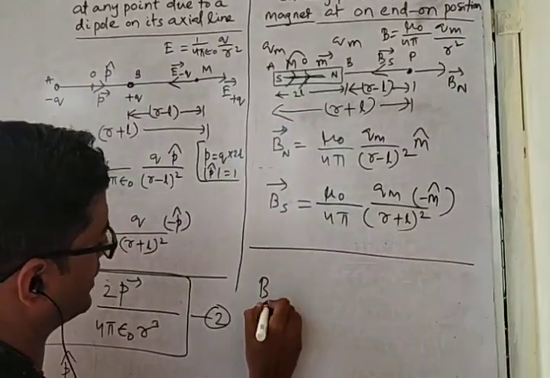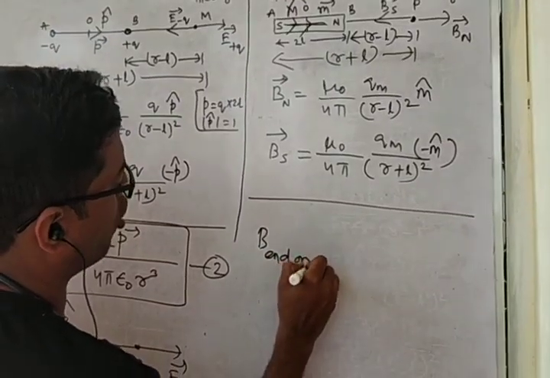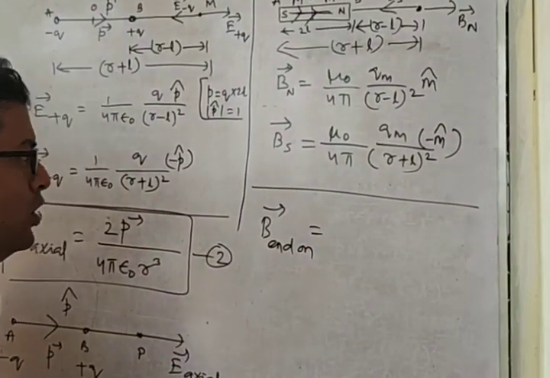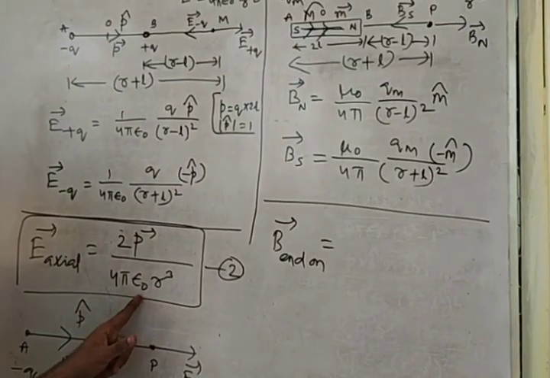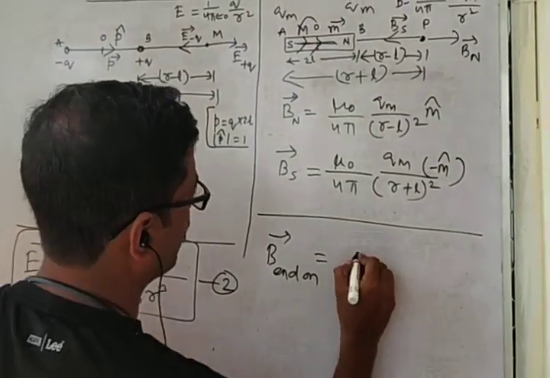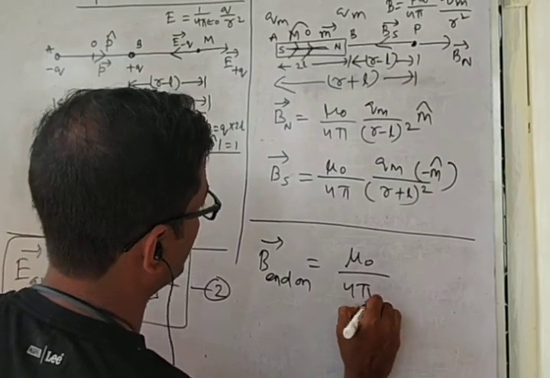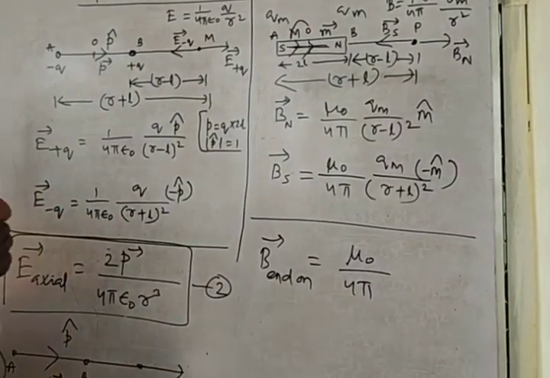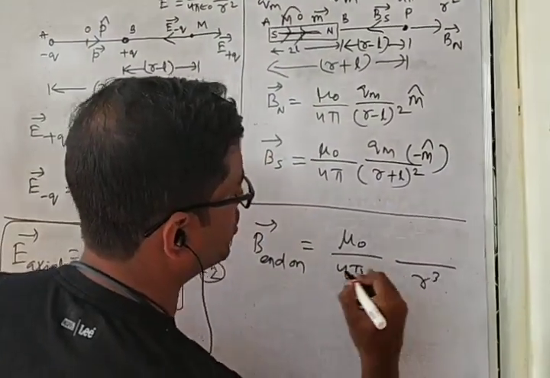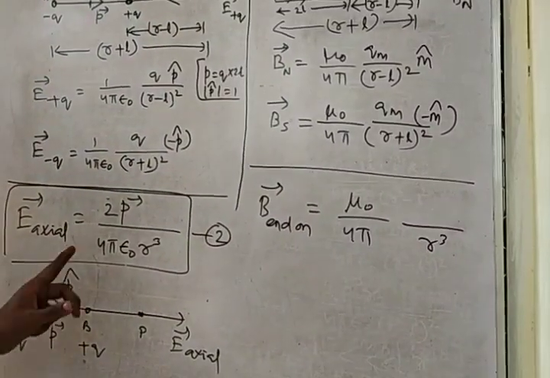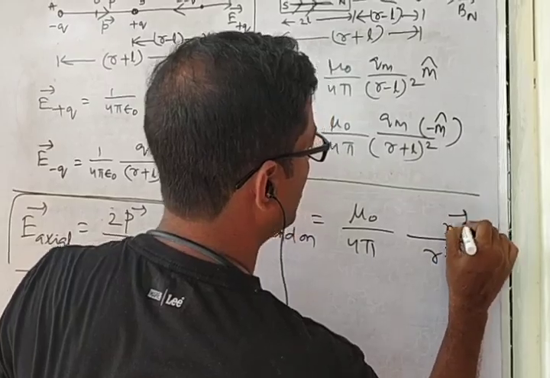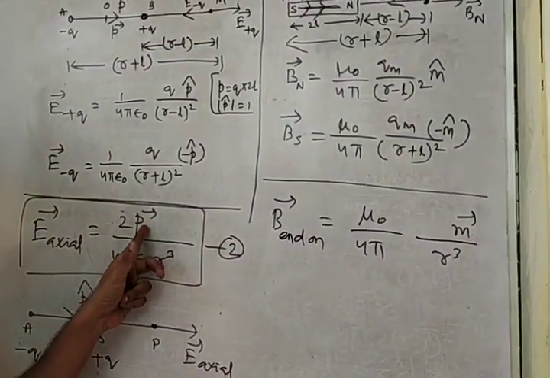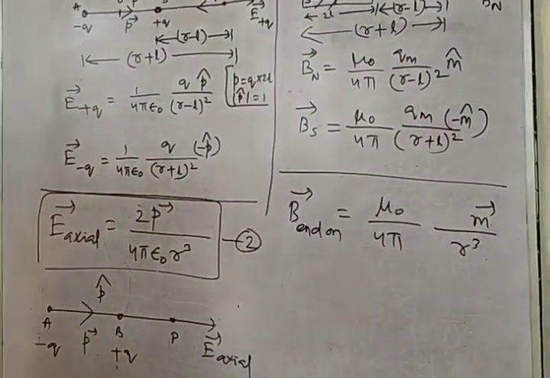So now magnetic field intensity due to bar magnet at any point on its end-on position will be, without doing much, I can follow this formula. 4 pi epsilon 0 is there, so mu 0 by 4 pi will definitely be there. Now here r cube. Now here definitely there will be m vector, because p vector is electric dipole moment vector, m vector is magnetic dipole moment vector.